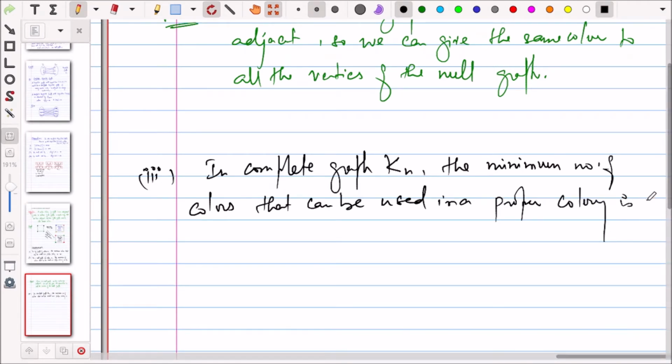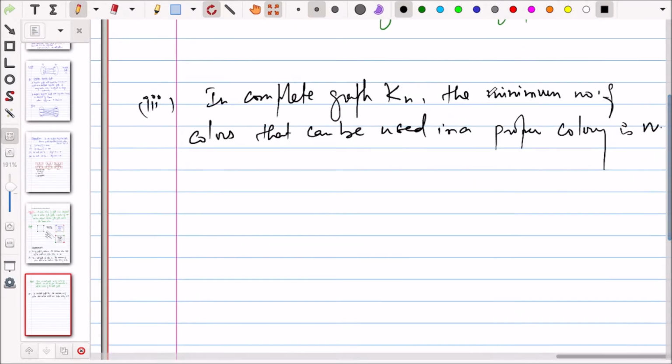N. And why? Each pair of vertices are adjacent, so we have to give different colors to all the vertices.